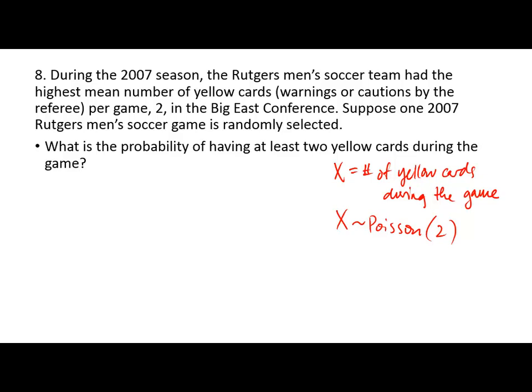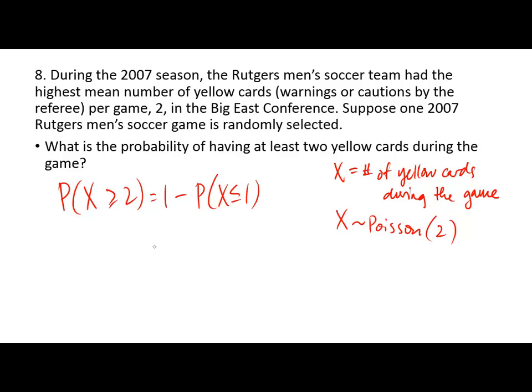Okay, so I want the probability that I have at least 2 yellow cards. So that's the probability that x is what? Greater than or equal to 2. Got a lot of 2's in here. So again, this is 1 minus the probability that x is less than or equal to 1. And I would recommend going to the table.